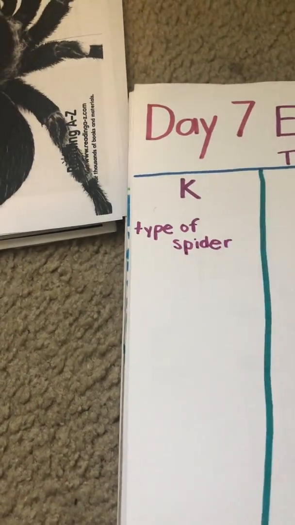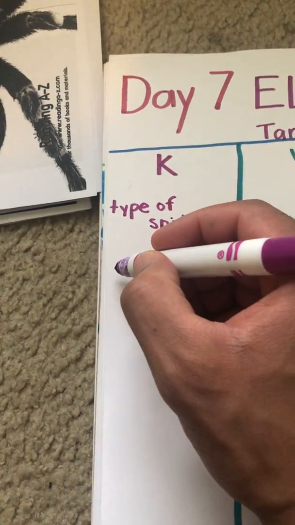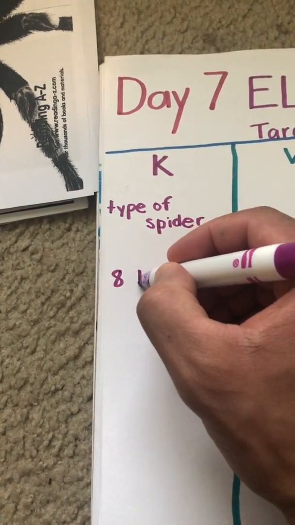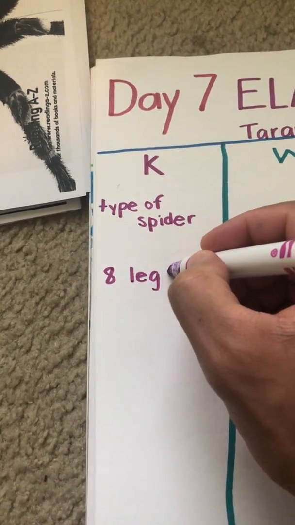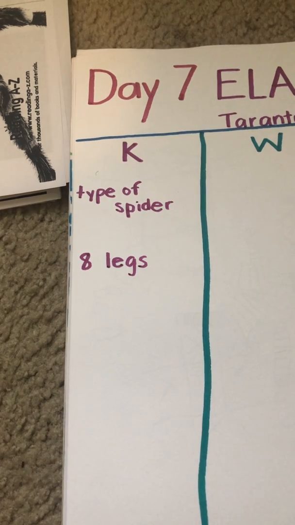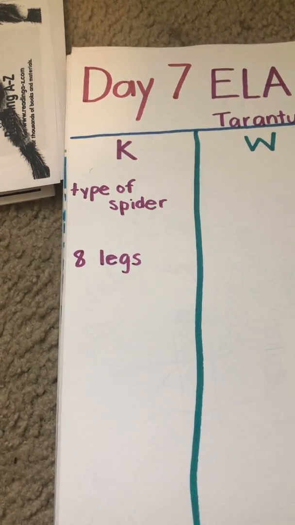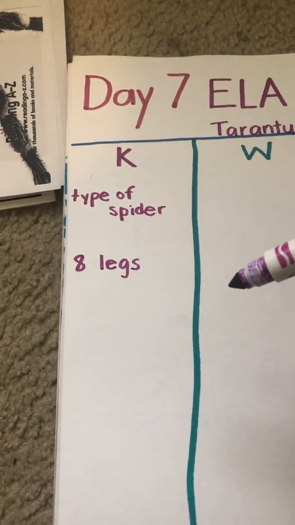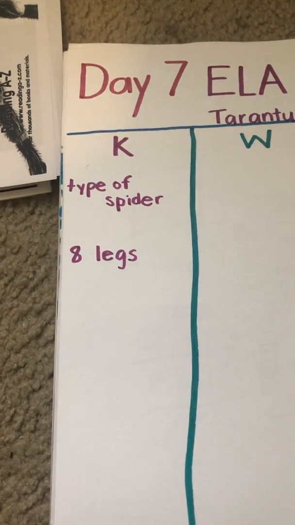I also know that they have 8 legs. So those are the things that I know about tarantulas, okay? You notice that I don't have to write these out in complete sentences or anything like that. Just quick jots are perfectly fine for this chart.